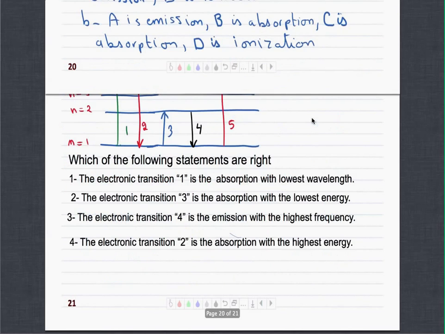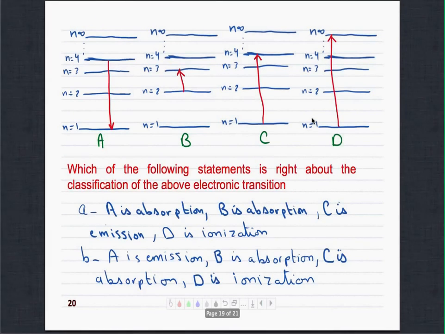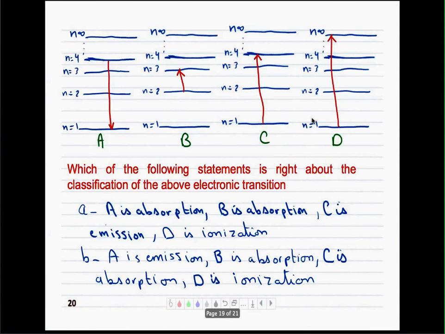Which of the following statements is right about the classification of the above electronic transitions? I'm going to stop it at 1 minute.